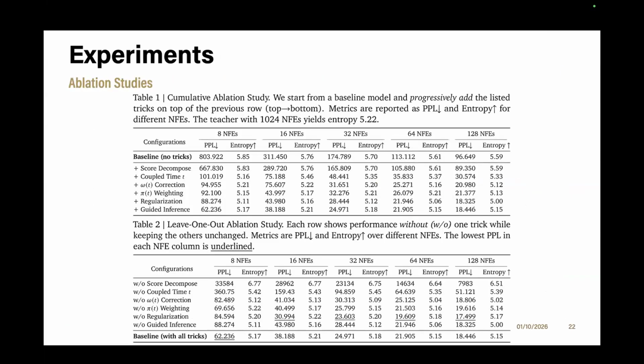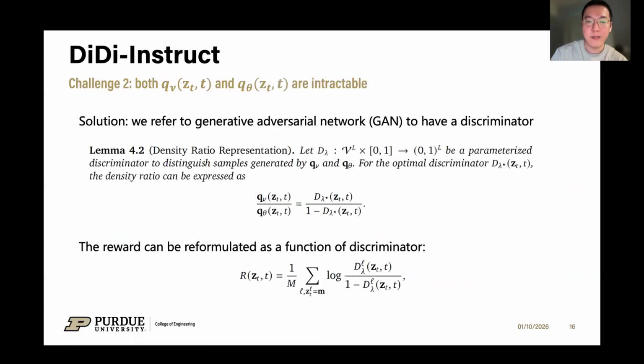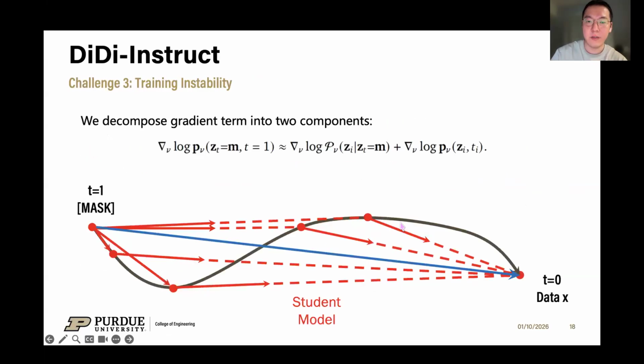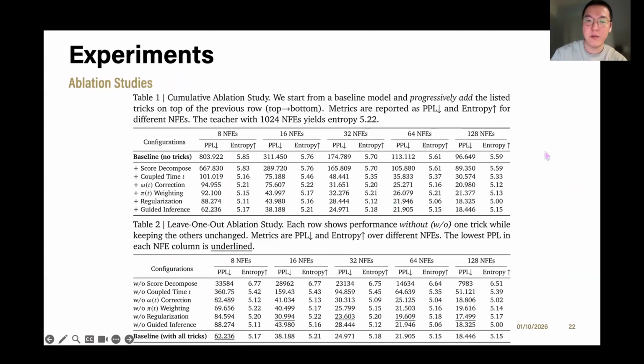Later we also did a lot of ablation studies to test different components of our DiDi Instruct framework, because, like I mentioned before, we introduced a lot of components like GRPO, score decomposition, and reward guidance. So we need to test whether each component works well.